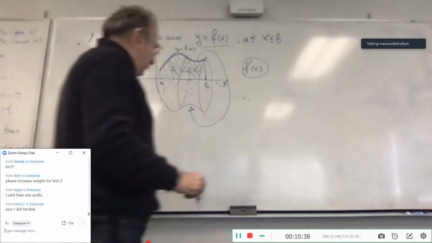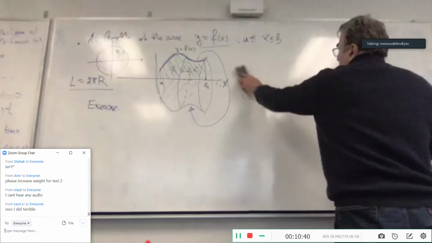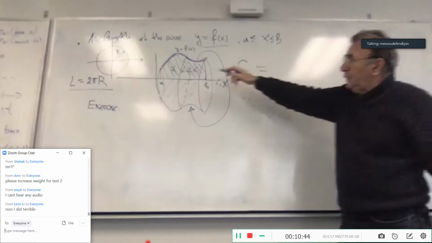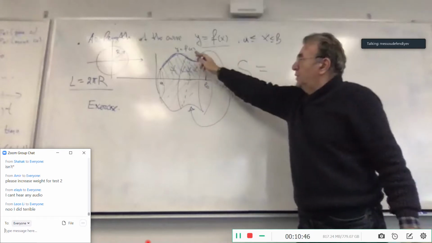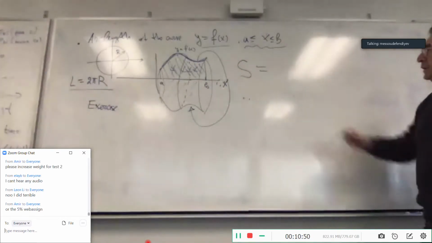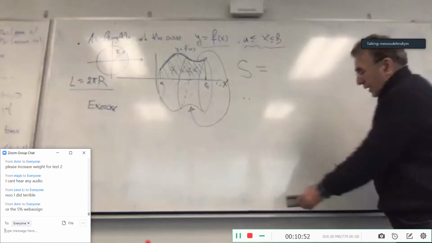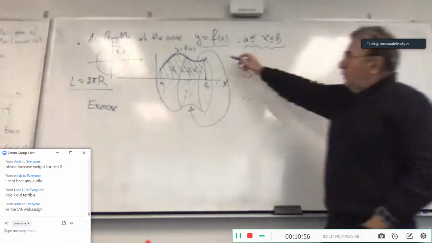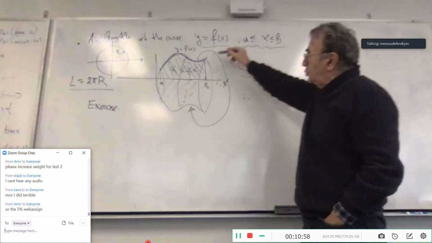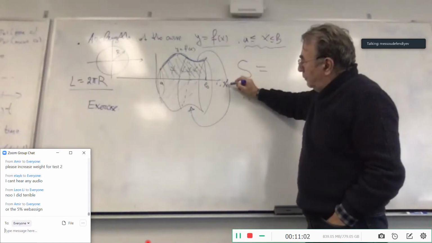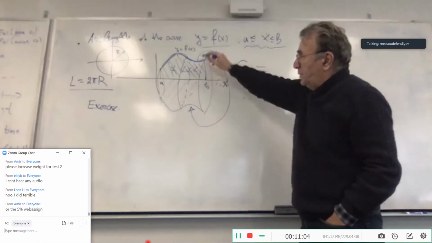And last time I gave you the formula S. If you have the given curve y equals f of x, where f of x is defined on this segment between a and b, then the surface of revolution of this curve with respect to the x-axis.